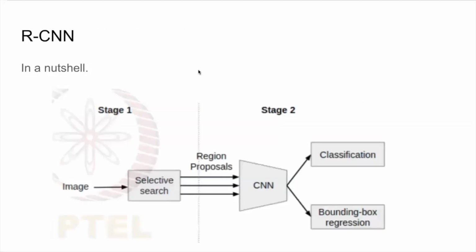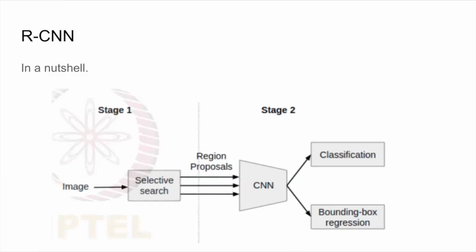Okay, the first model is RCNN, which we call region proposal based CNN. As I discussed earlier, it's pretty simple. There are two stages.